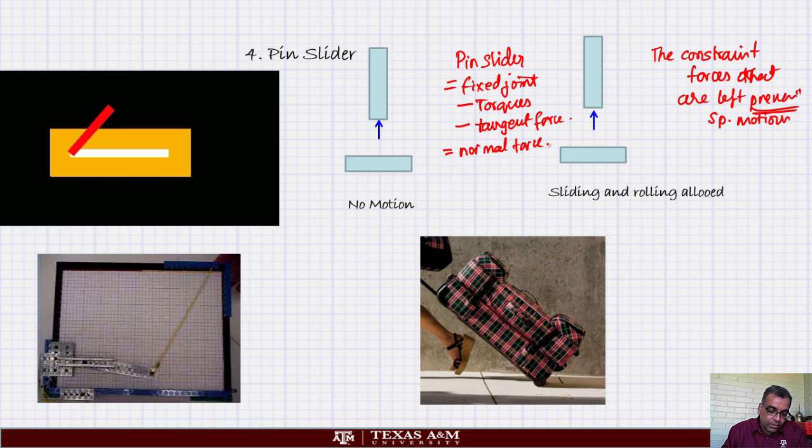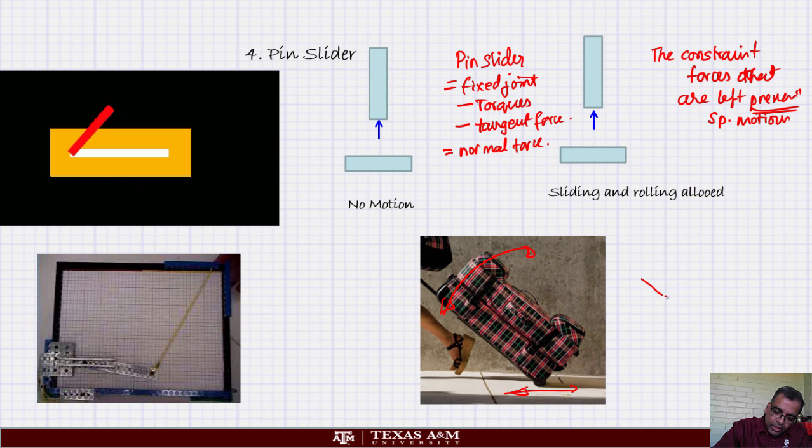That's how the thing works. Okay, so just to give you an idea of what a pin slider will look like, look at your common dragging suitcase, the thing that you use to go anywhere. You can see it can move this way and it can rotate that way. Can you see that?